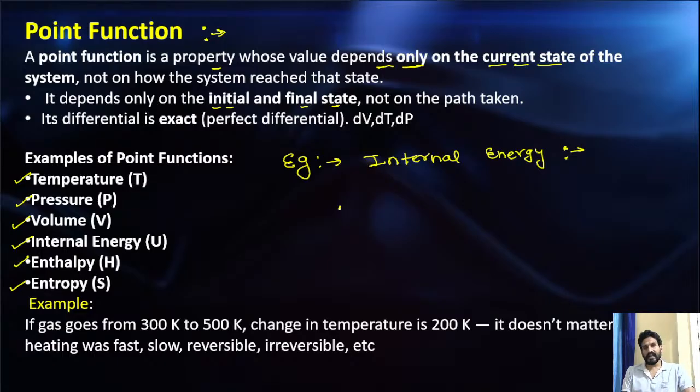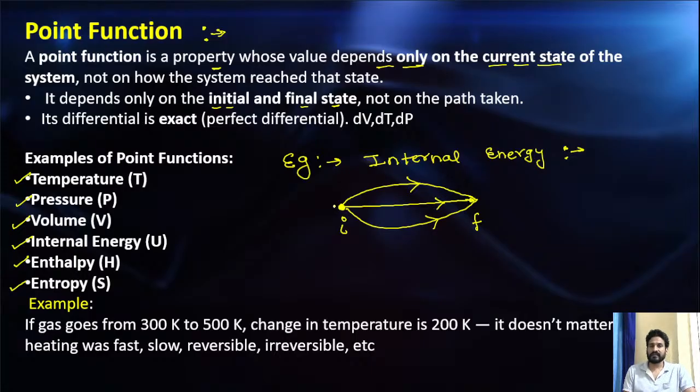So let's suppose this is my initial point, and this is my final point, guys. There can be a number of ways by which my process can undergo, right? My process can be completed whether it follows this path, or this path, or this path.